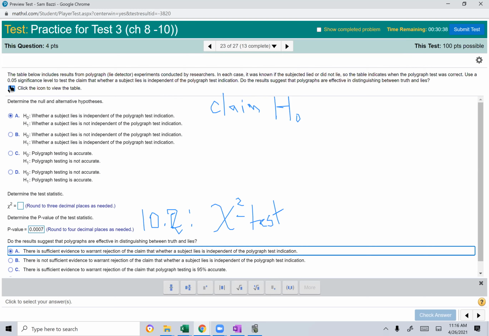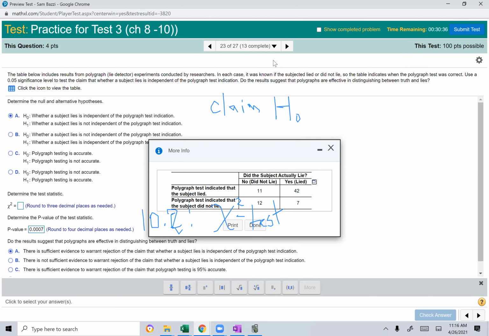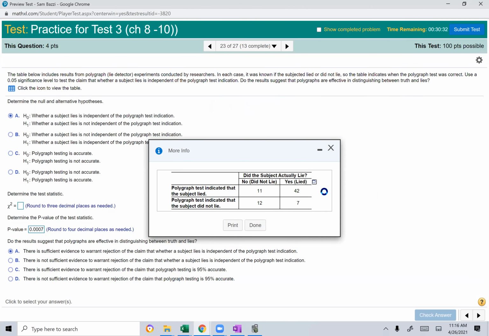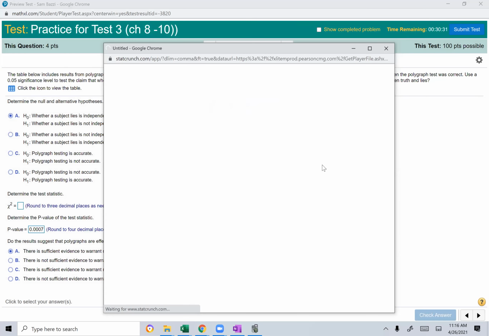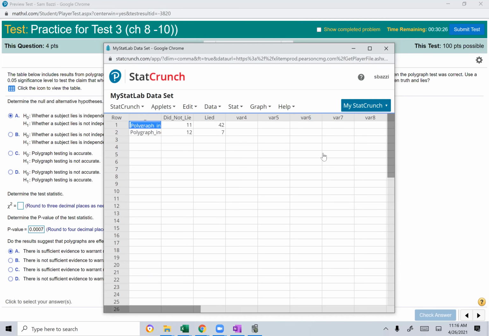How would you do this using StatCrunch? Let me see if we can do this using StatCrunch. Open in StatCrunch. Let's see if it's going to open properly. Oh yeah, it did. Good. So look, you go to Stat. Where's the chi-square test?